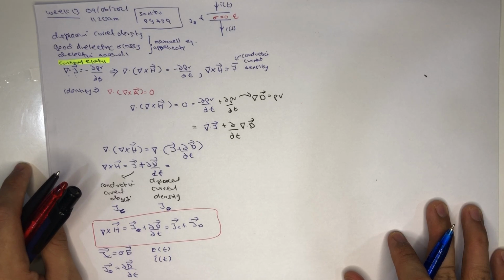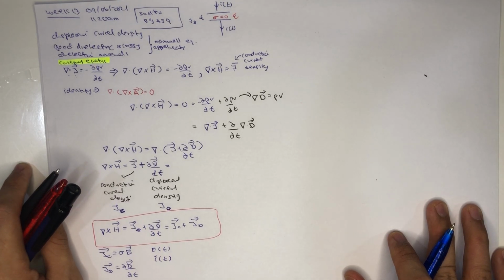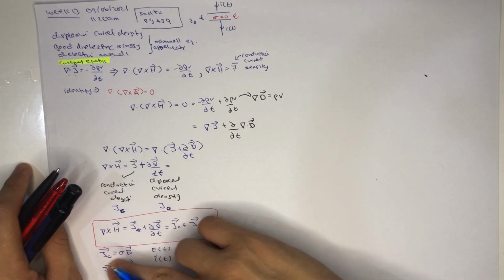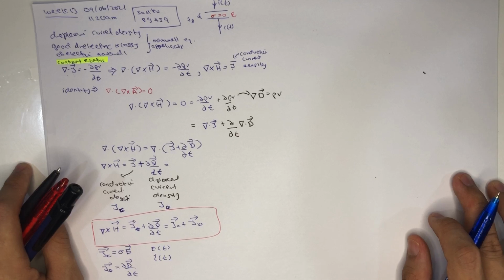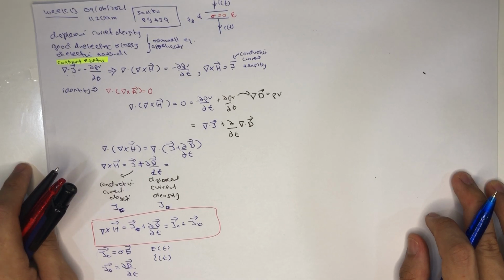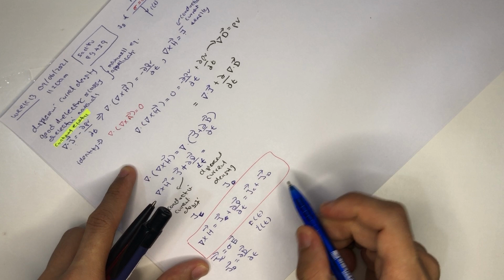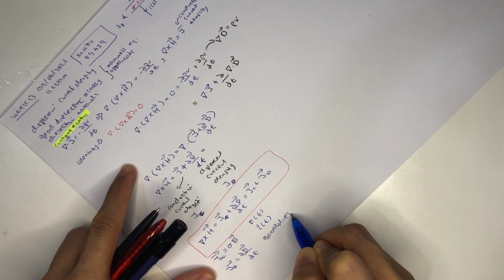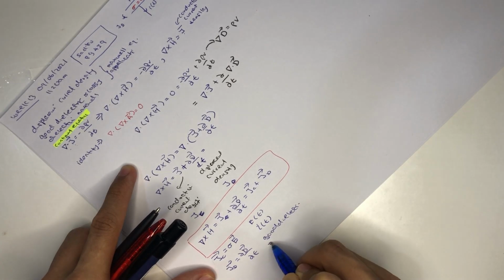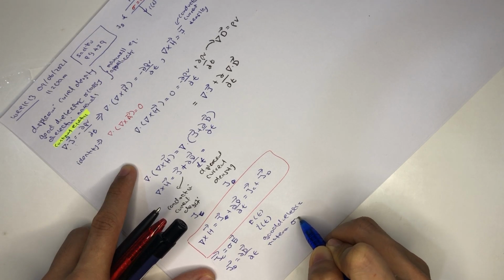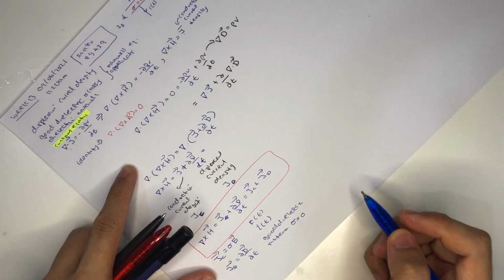So both conduction and displacement current are produced in a time varying field. We can apply this in a good dielectric material and a lossy dielectric material, which we will see later on. In a good dielectric material, your sigma should be 0.